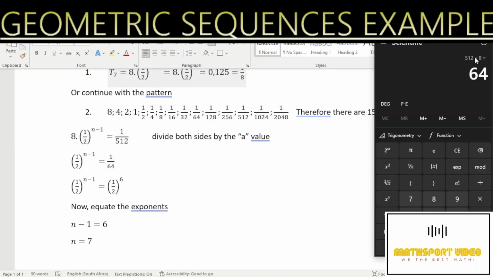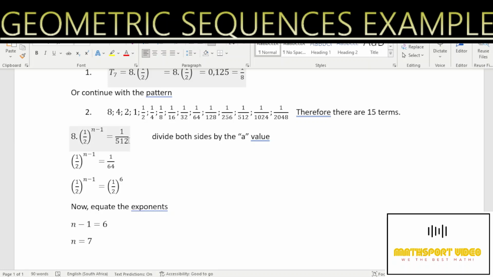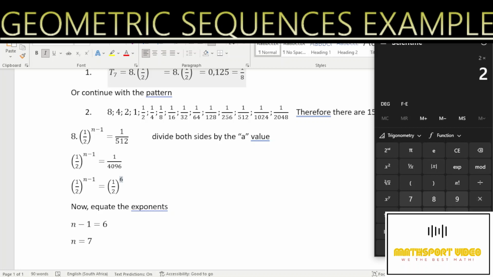Right, so what we did wrong was this calculation, of course. Again, be careful when you're using your calculator. This should be 1 over 4096. Now, that is actually going to be a little bit different. So if I look at 2 times 2, that's 2 to the 2, 2 to the 3, 4, 5, 6. This is 2 to the power of 6, 7, 8, 9, 10, 11, 12.